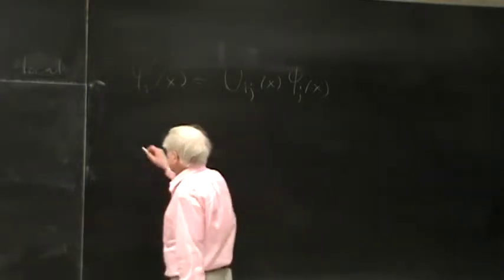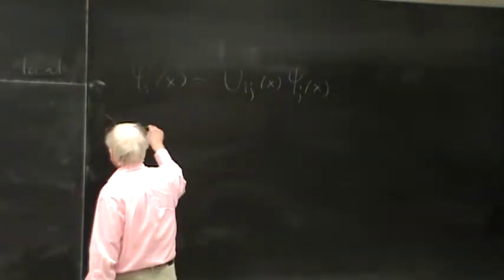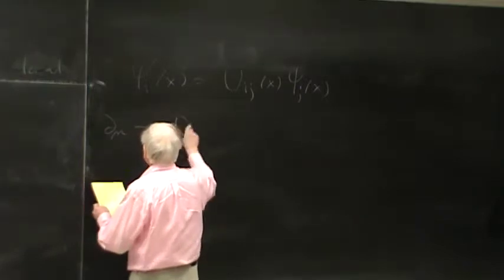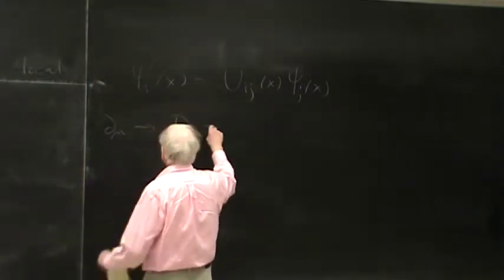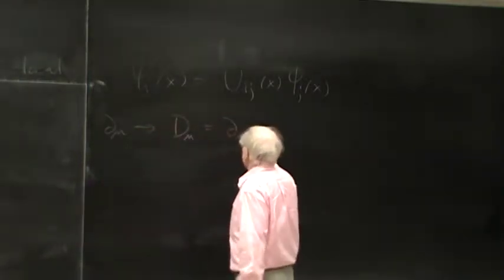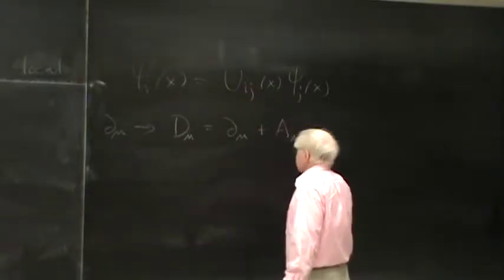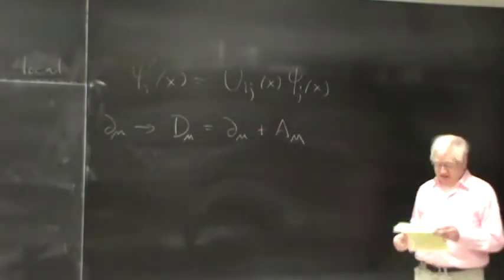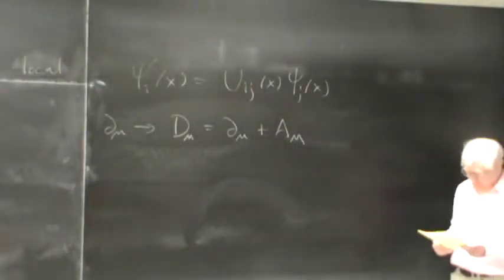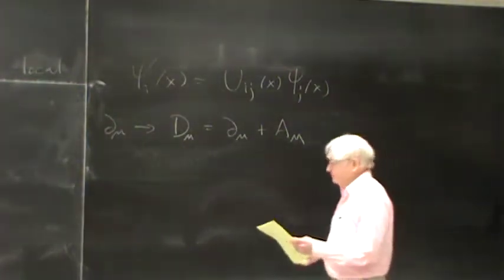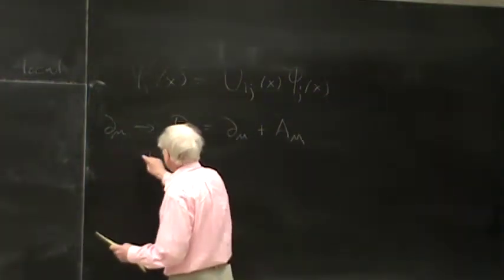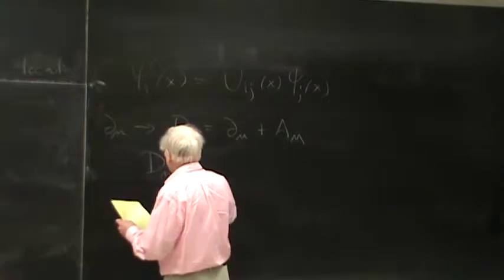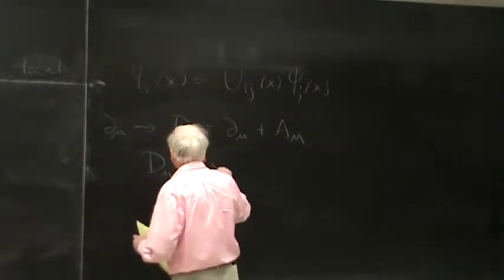And what one does is one replaces d mu by something called big D mu, which is a derivative plus something that some people call a connection. And so what we have then is D mu on psi i of x.